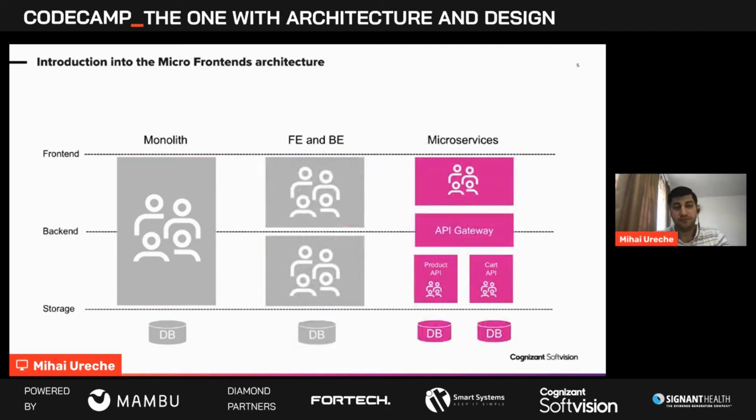Of course, I said that on the backend side, the logic and the data increased. And when we are talking about a complex application that has a lot of logic, we are talking about microservices.